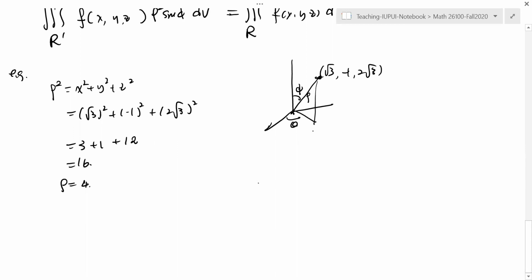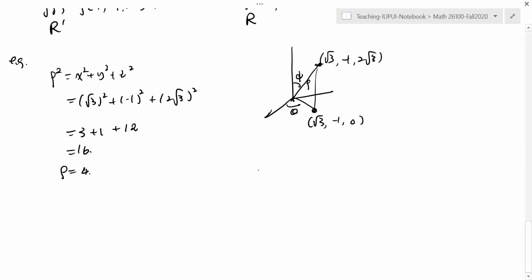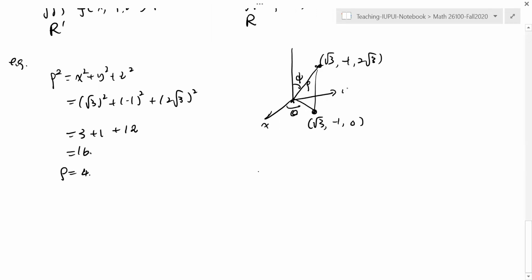Then how do you find the theta? This is going to be the point projection of the point onto the xy plane. All right, so for this point on the xy plane, you know how to find the r and the theta, right? r squared is going to be x squared plus y squared.